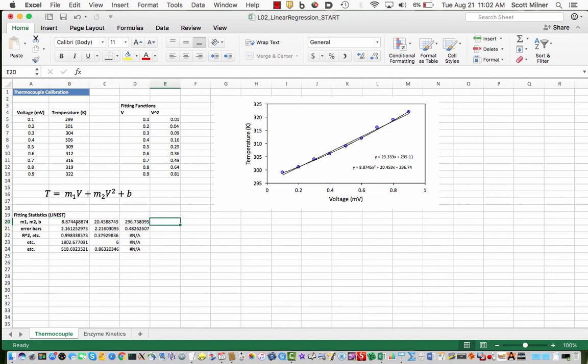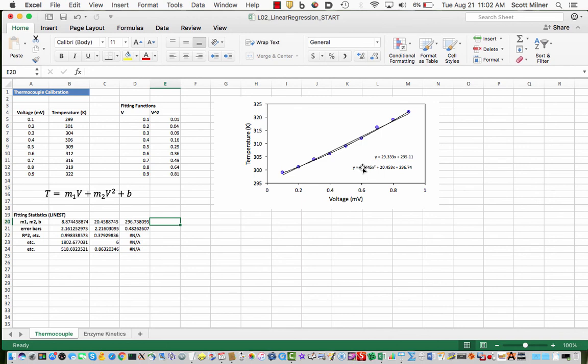And if we look in this table, we recognize the intercept, 296, of the quadratic fit, the slope of that is the coefficient of the v is the very first one here. That's 8.87, and that's this thing here.